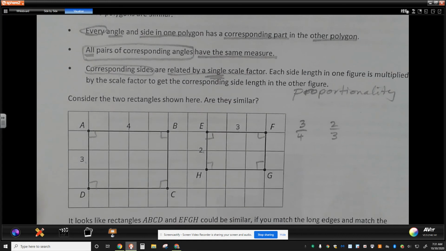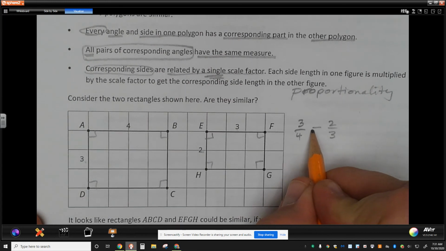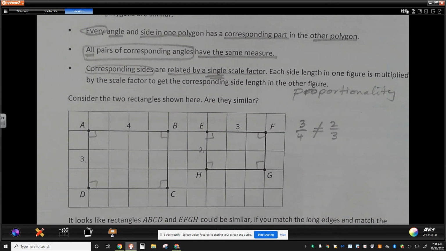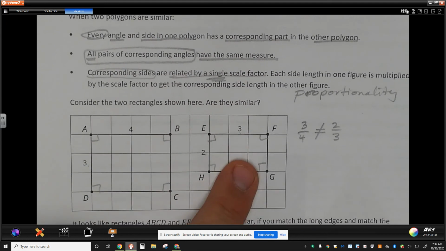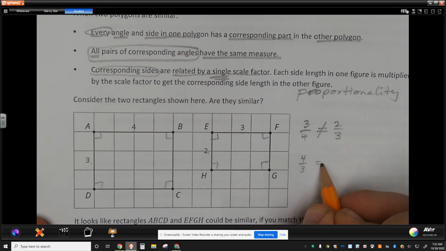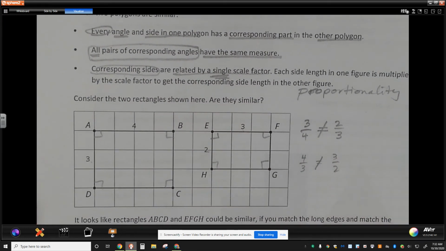Then we have to look at those two ratios and decide, are they equal or not? Well, we know that 3/4 and 2/3 are certainly not equal. Even if we checked it the other way, going from small to large, all we would see different is 4/3 compared to 3/2, which again is not equal.